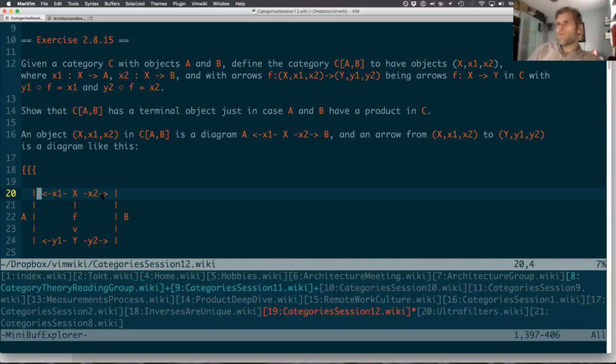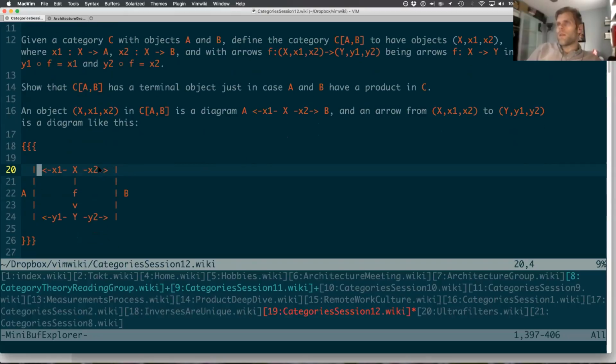Then an arrow from this triplet at the top to this triple at the bottom is a diagram like this. So this whole diagram is an arrow in C sub AB, and it's uniquely determined by this arrow f in the underlying category C, which goes from X to Y. So an arrow in C sub AB is such a function that makes this diagram commute.